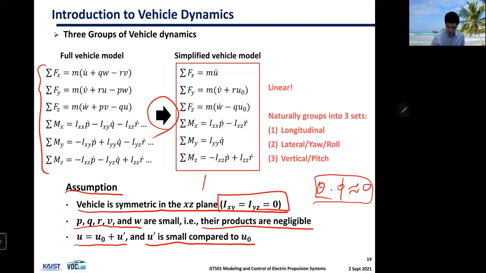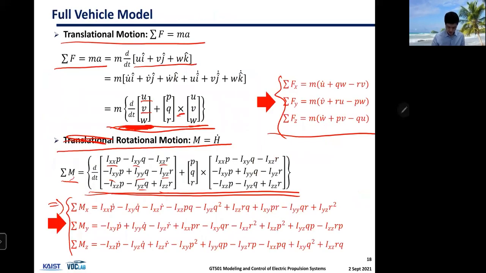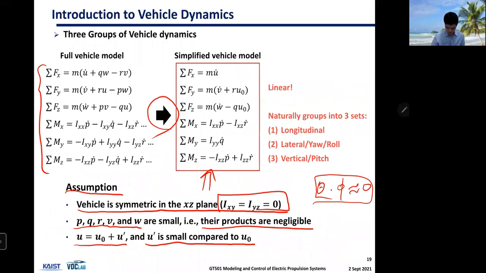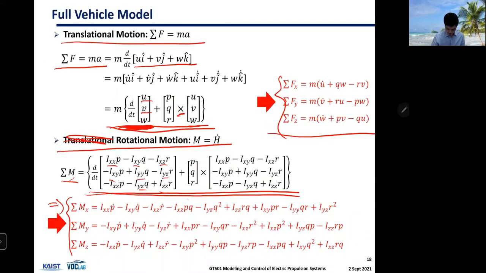And this is the final equation you get after applying these assumptions. This one looks not bad, right? So for instance, these go to 0, these go to zeros, these go to zeros.